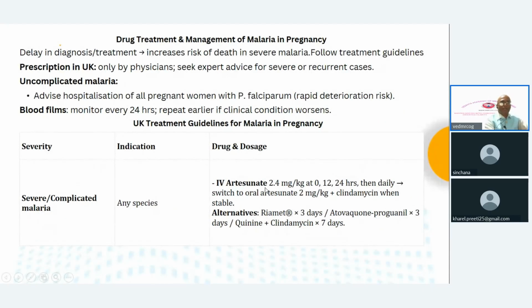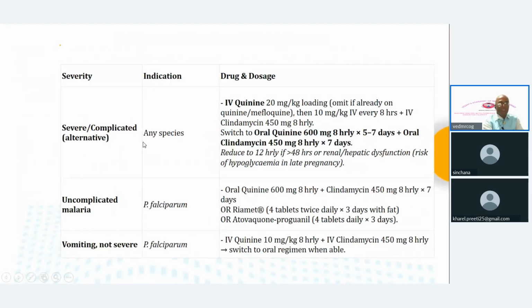But if artesunate is not available, what will be the treatment? For any species, IV quinine 20 milligram per kg loading dose. If she is already receiving quinine plus mefloquine, the loading dose is to be omitted. Then give 10 milligram per kg 8 hourly along with clindamycin. So first drug of choice will be artesunate.